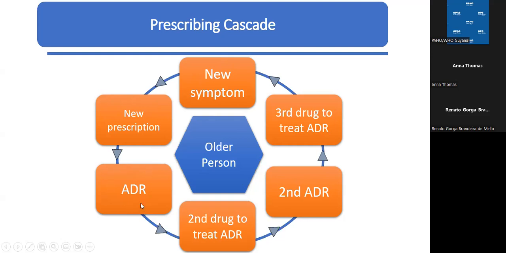And this adverse drug reaction was treated using a second drug. This second drug, prescribed to treat an ADR, caused a second ADR. And then a third drug is prescribed to treat the new ADR. And this third drug caused a new symptom. So this is a vicious circle that must be broken.